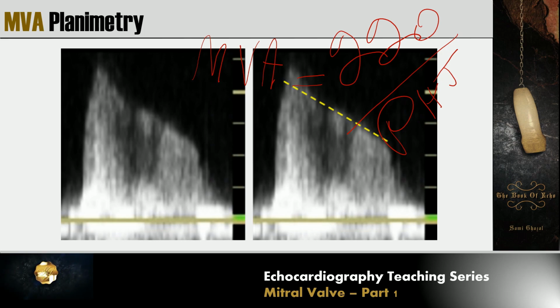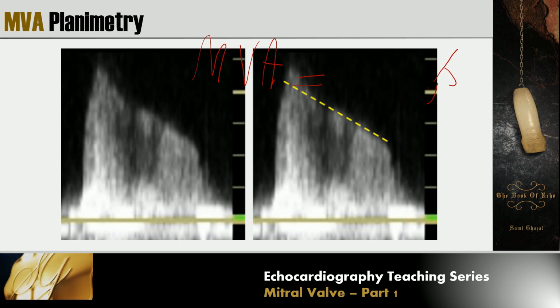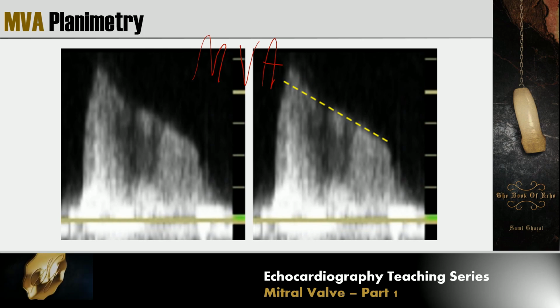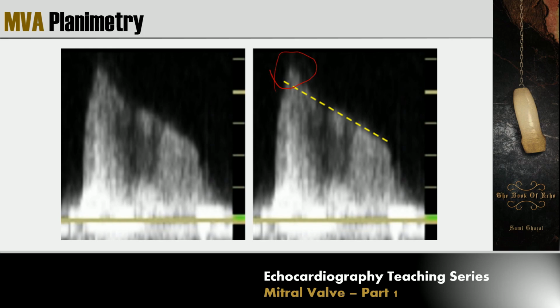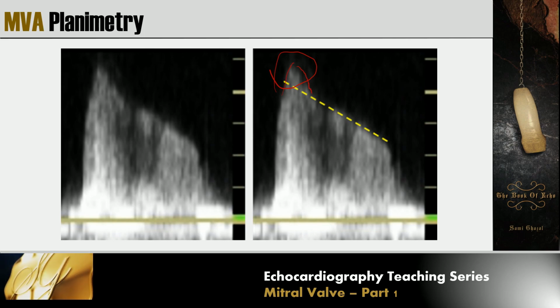Having mentioned that, we need to know that sometimes there is a bimodal flow or spectral Doppler. That means that at the beginning there is a tip peak, and then the mitral inflow will decelerate quickly, and then we will have the plateau all the way.